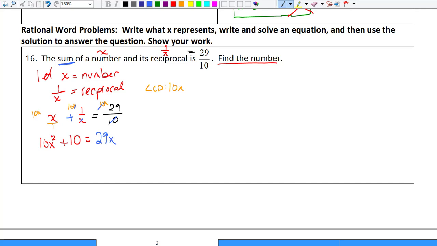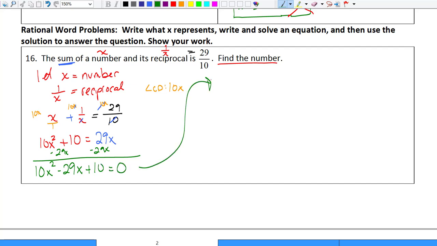Because this is quadratic, I need to set one side equal to 0, so I'm going to move the 29x to the other side, which gets 10x squared minus 29x plus 10 equals 0. Then I have to factor that. My choices are 1 times 10 and 2 times 5.